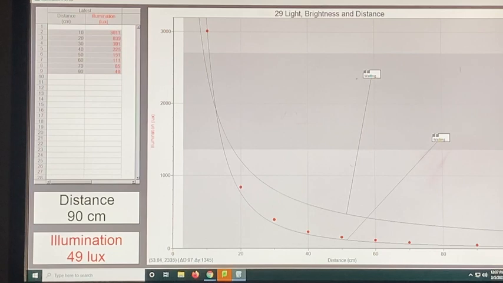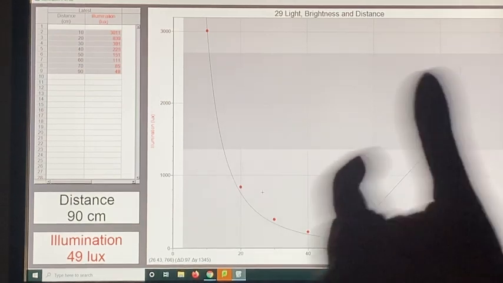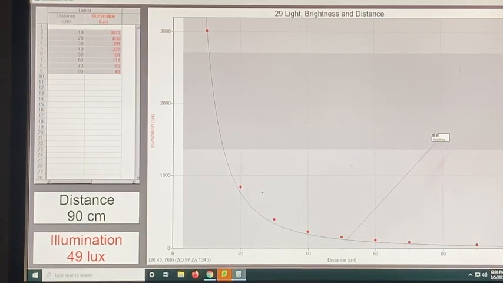So I'm going to get rid of that. What we see is that 1 over x squared is the fit. So we have an inverse square fit for this data, which is consistent with what we expect for radiation that spreads out uniformly. So that's the first part.